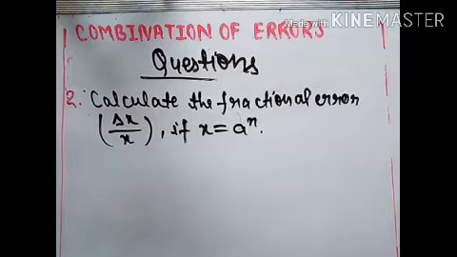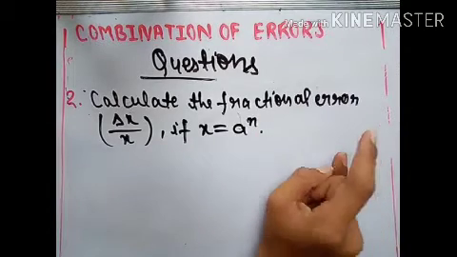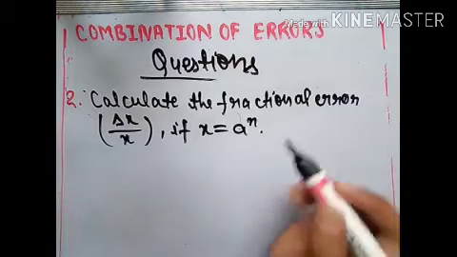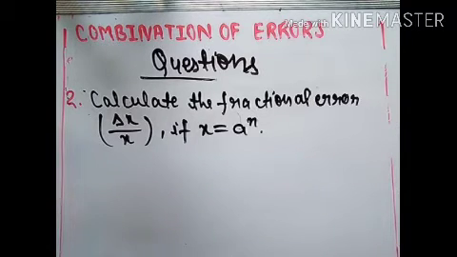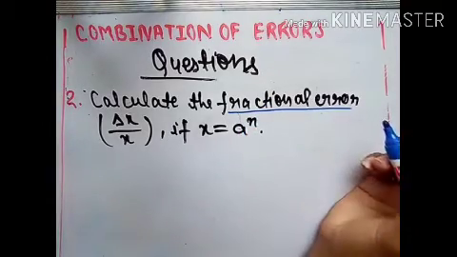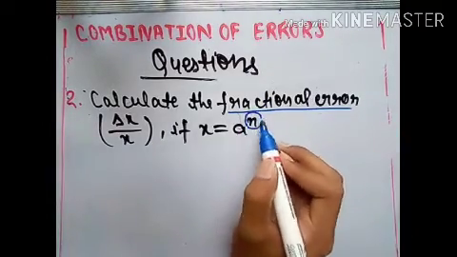Now see this question. Calculate the fractional error delta x upon x if x is equal to a to the power n. Now the fractional error, do you understand this? Fractional error means what? Relative error. Yeah, of course, relative error is a fractional error. Now look at this number.